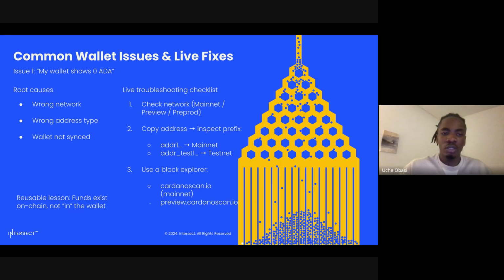It could also be that the issue is a wrong address type. If so, you copy the address and inspect the prefix. Usually addresses that start with addr1, without the underscore, signify mainnet.